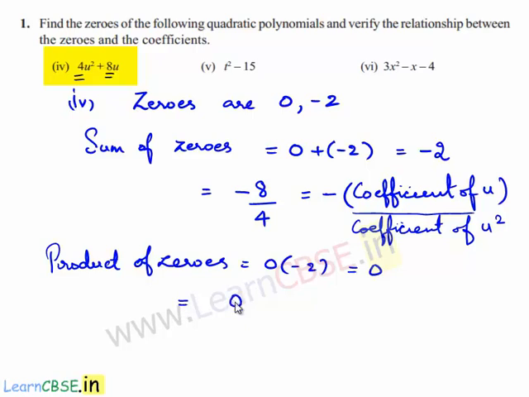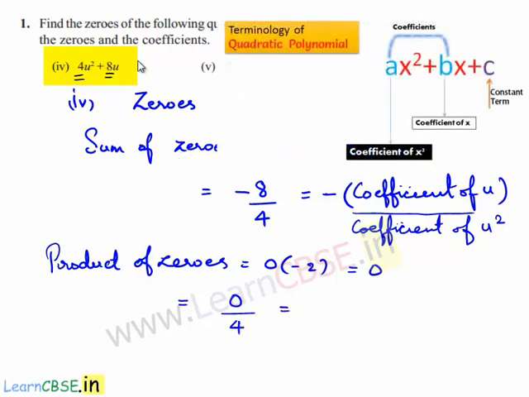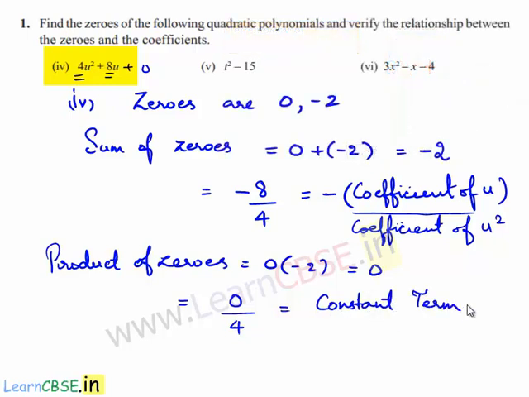This is equal to 0 divided by 4, since we don't have the constant term, we can say the constant term is 0. So the 0 is the constant term divided by the coefficient of u square. Therefore, the product of zeros is related to the coefficients as constant term divided by coefficient of u square.